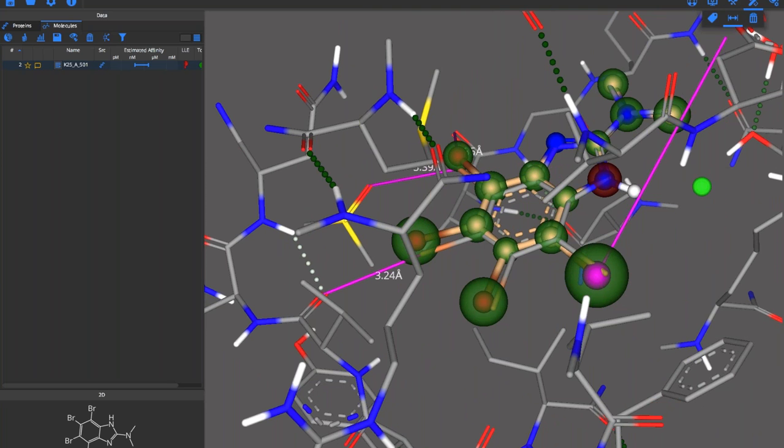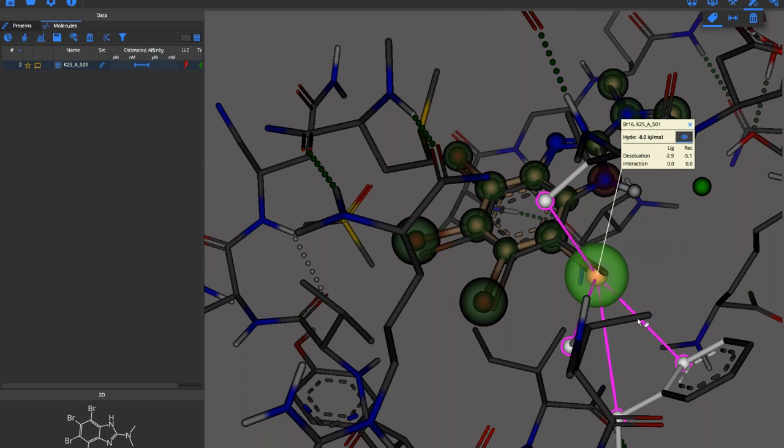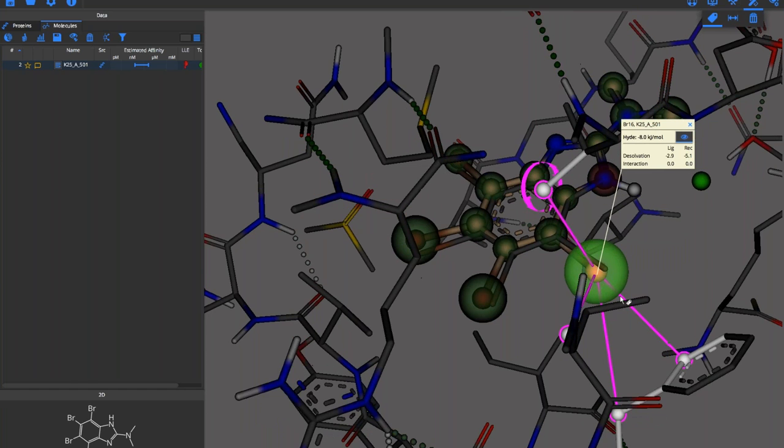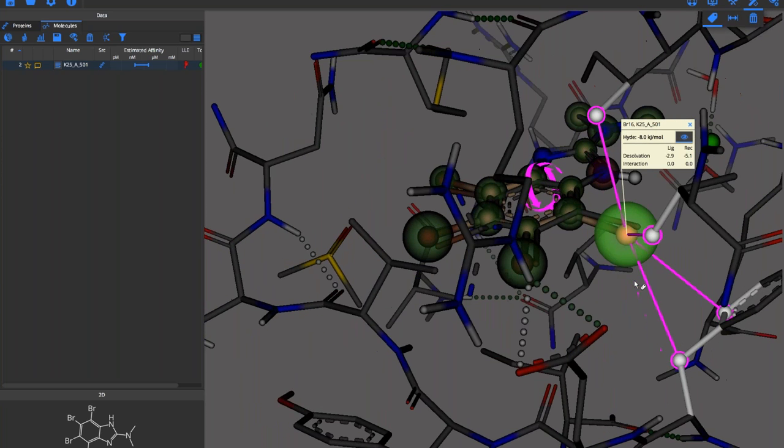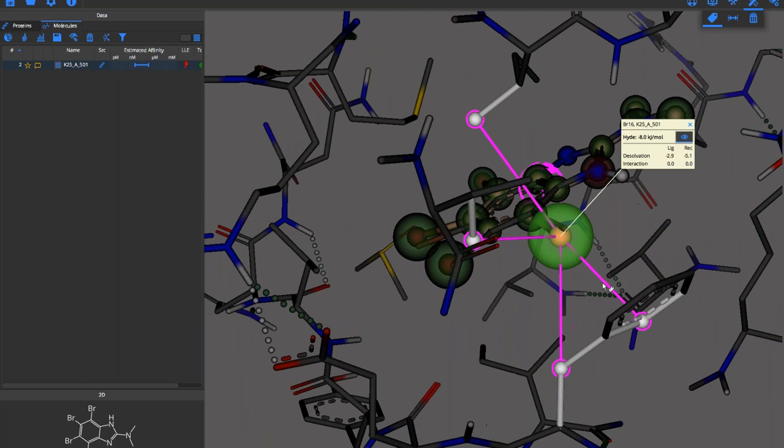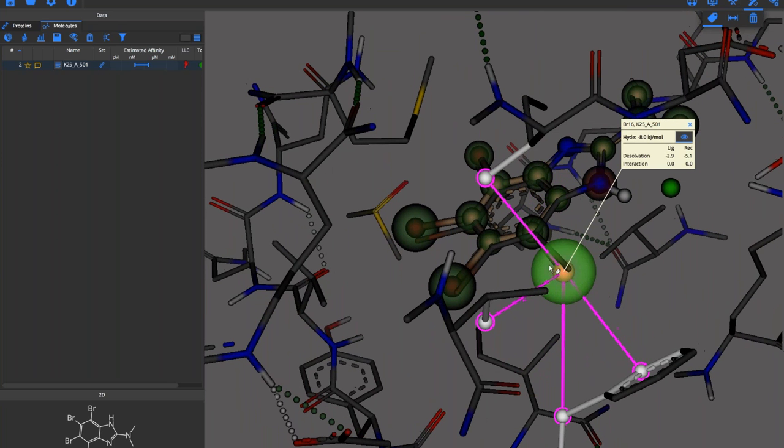If we look at the contribution here, we find again that only one aromatic carbon atom contributes to the dehydration. So it's questionable if this is indeed a halogen-pi complex, but other protein atoms contribute also more to the dehydration.